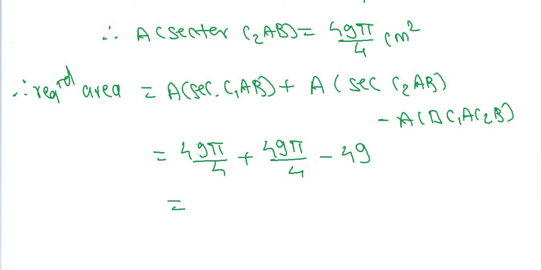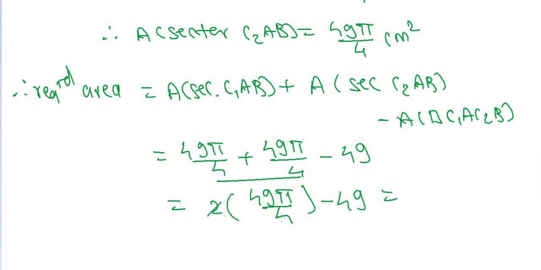Let us add these two: 49 pi by 4 and 49 pi by 4 is 2 times 49 pi by 4, minus 49.